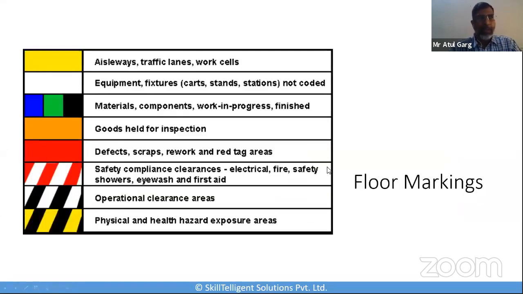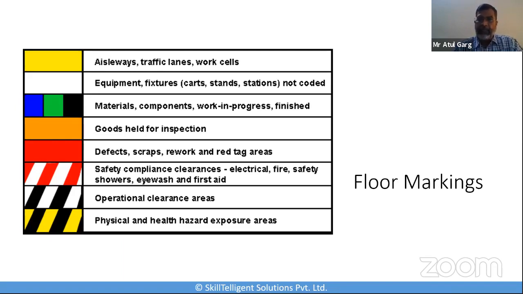There could be, we talked about this earlier, better color coding. There could be color coding on the floor marking. You could also have color coding on the pipings, all kinds of equipment marking. Your signages could be in different color codes. When you store the material in and around the machine, that also could be color coded to identify what type of material this is, where to use it, and so on and so forth.